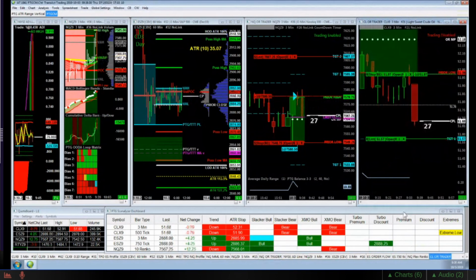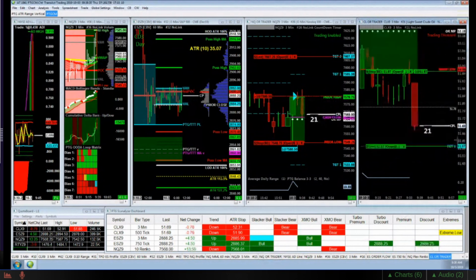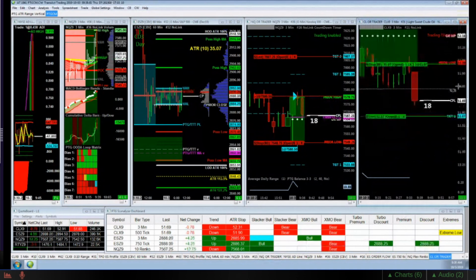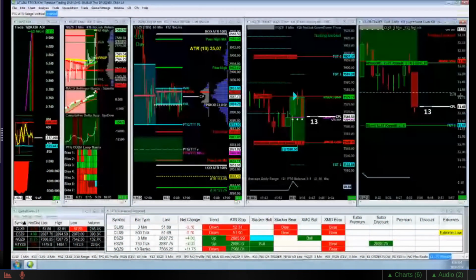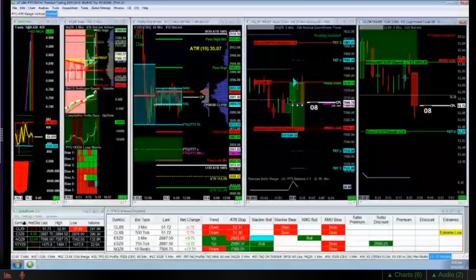If I had two, we'd take one off there anyway, and then we would look to push the second lot. Yesterday we had 4 lots, and it worked out really well. Today, not so much, just a single. Again, we're risk-free once we've crossed that threshold at 78. So risk is covered.